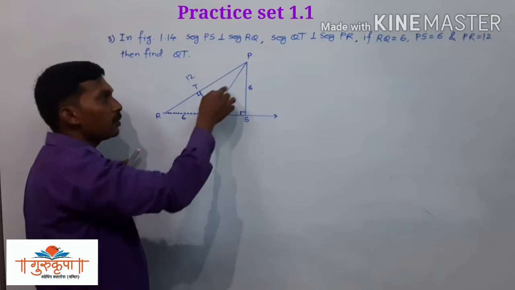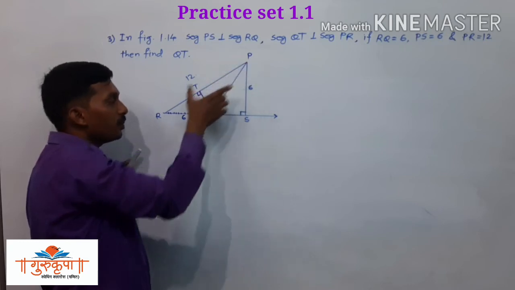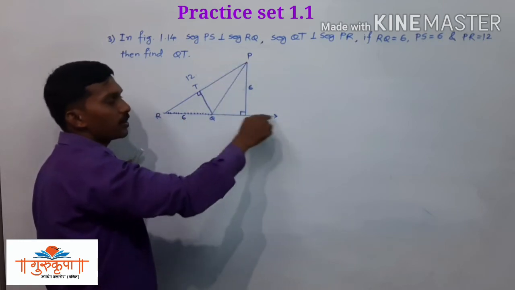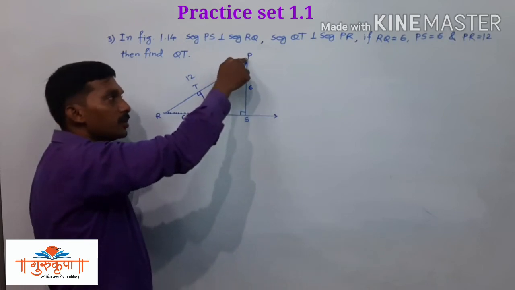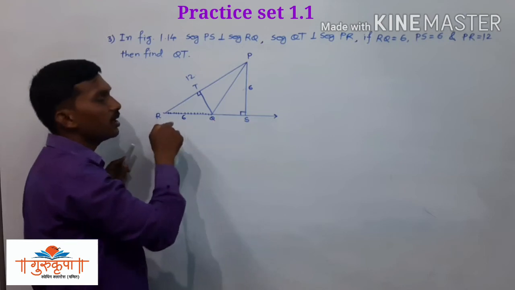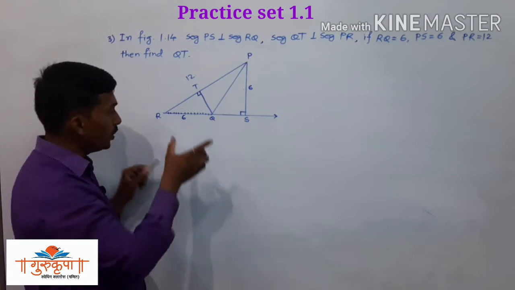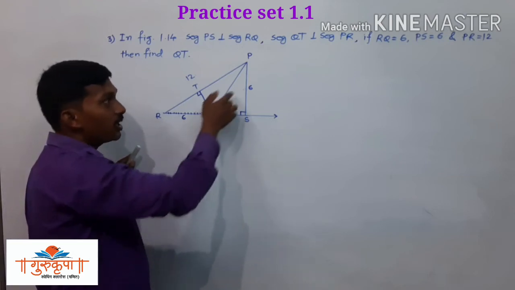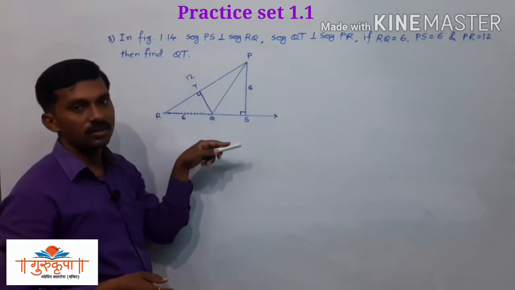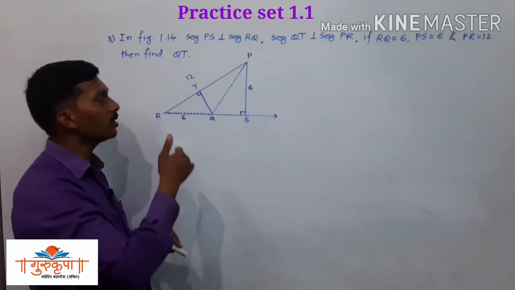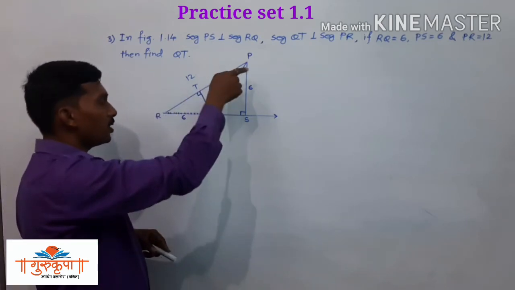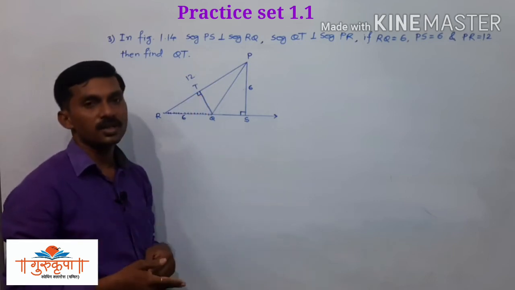Since we are unable to draw the perpendicular from point P to this segment, we increase this segment and then we plot the perpendicular from the point P on the seg RQ. And if the base is QR, at that time the height of that triangle is PS. Means we have to think about the same triangle twice.